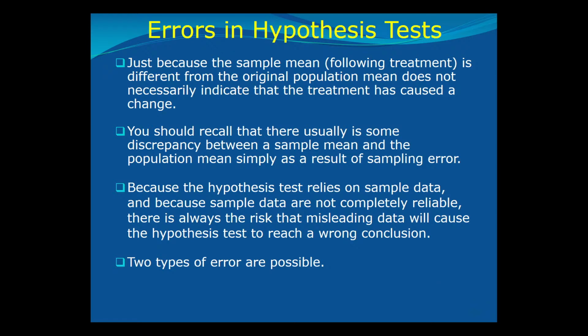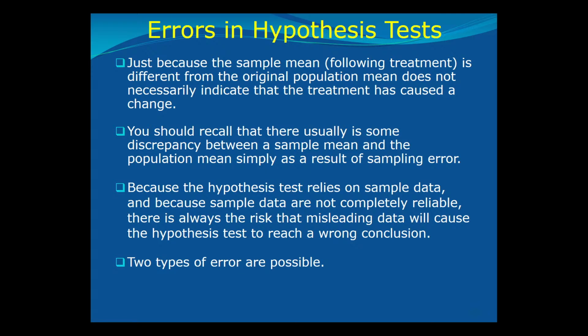Let's talk about errors in hypothesis testing. Just because the sample mean is different from the original population mean does not necessarily indicate that the treatment has caused a change. You should recall that there usually is some discrepancy between a sample mean and the population mean simply as a result of sampling error.